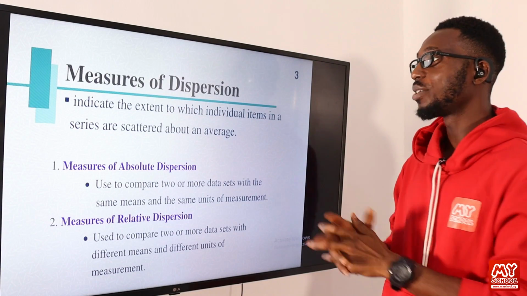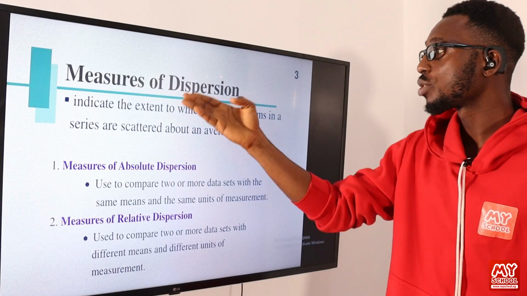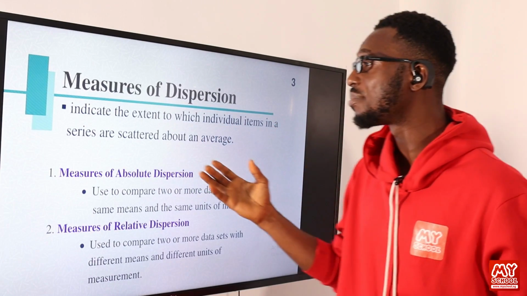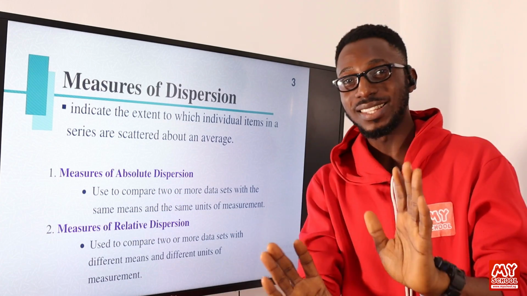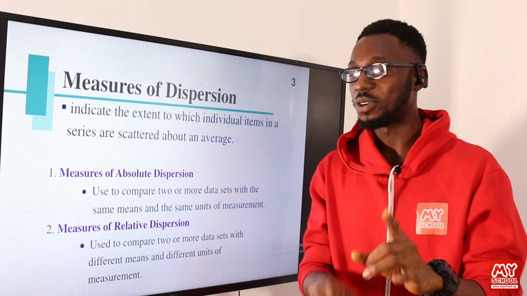We're just trying to emphasize the concepts that we have covered before. Measures of dispersion, like I stated earlier, indicate the extent to which individual items in a series are scattered about the average, the distance from the measure of central tendency or measure of location. Remember that.